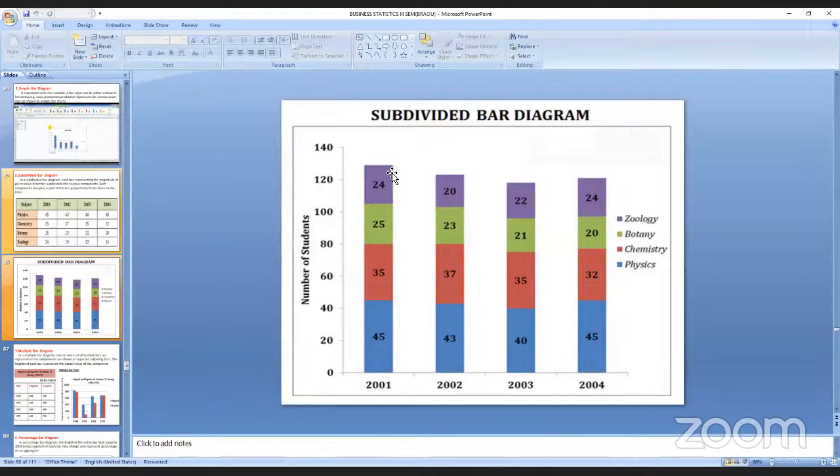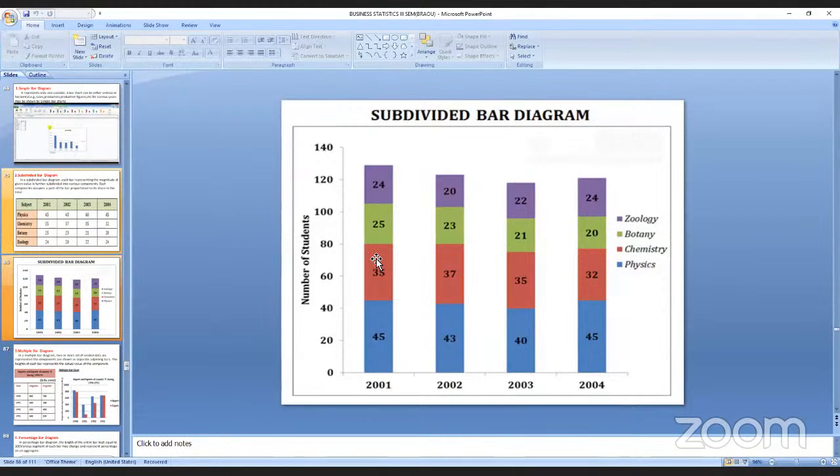Got my point? Yes, ma'am. So this should be subdivided. In row 2001, how much is physics? 45. Up to 45 we mark. And this should be colored in a different way, where you can draw straight lines or horizontal lines.